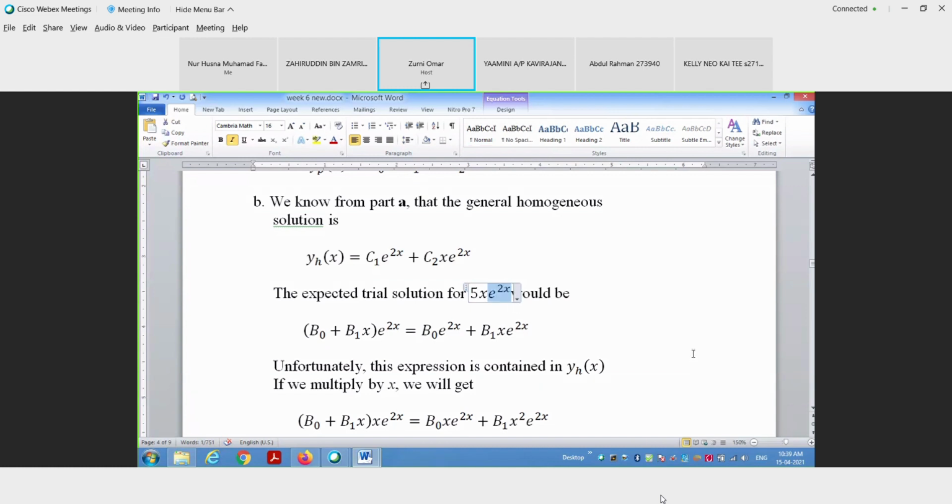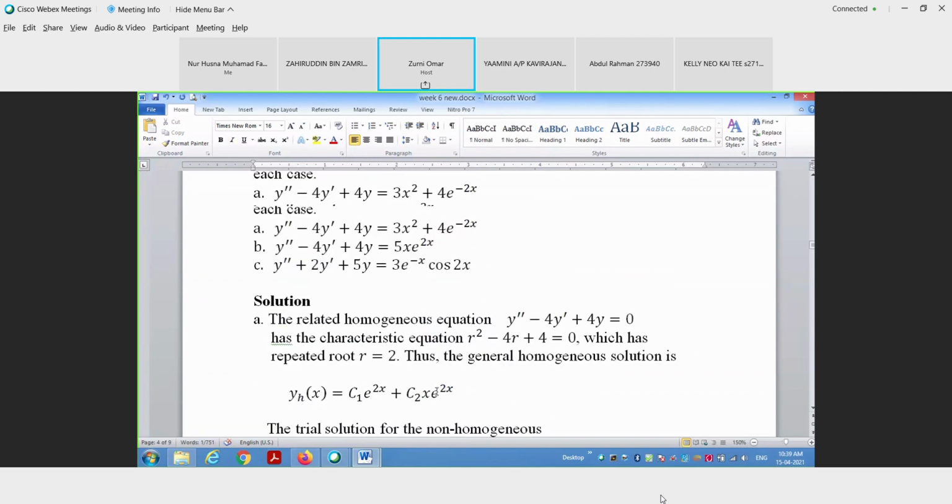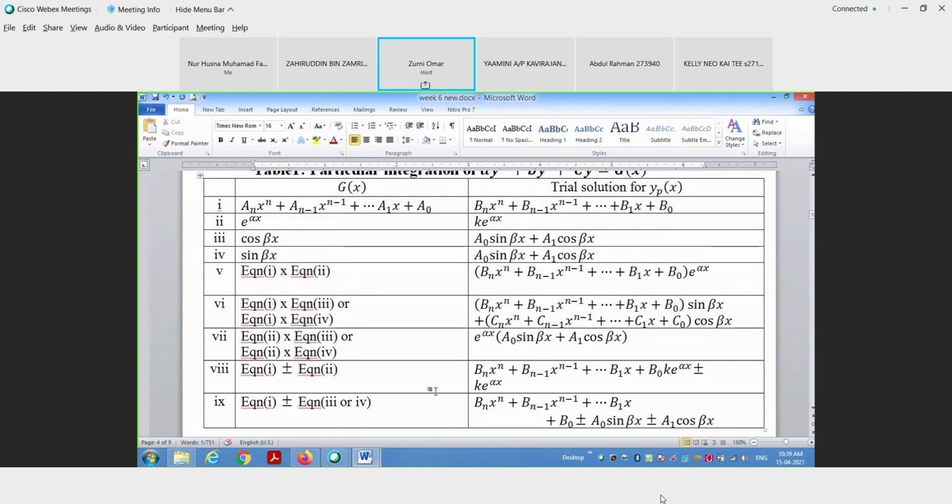Okay, and then Rahman, you go to this table, tengok kat sini. So dia ni polinomial, dia darab dengan exponent. So you multiply polinomial with exponent, alright? And your trial solution will be what?